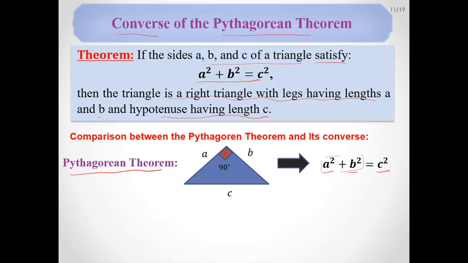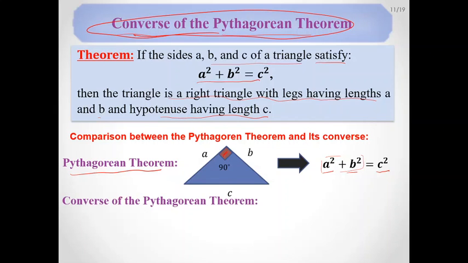And the converse Pythagorean theorem is saying this. You have a triangle, but you don't know if it is a right triangle or not.